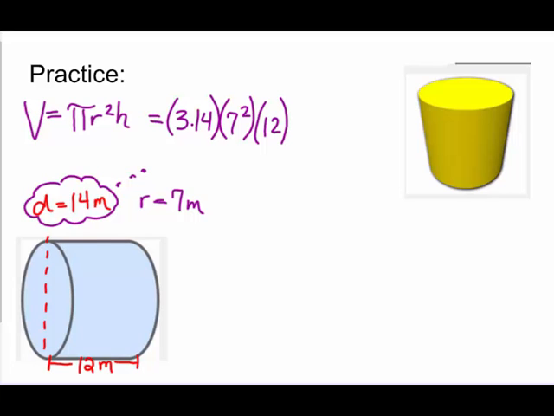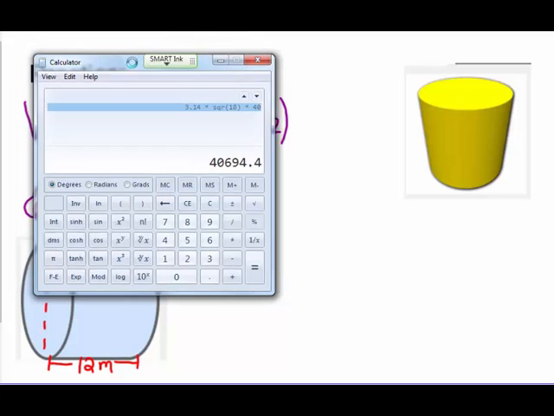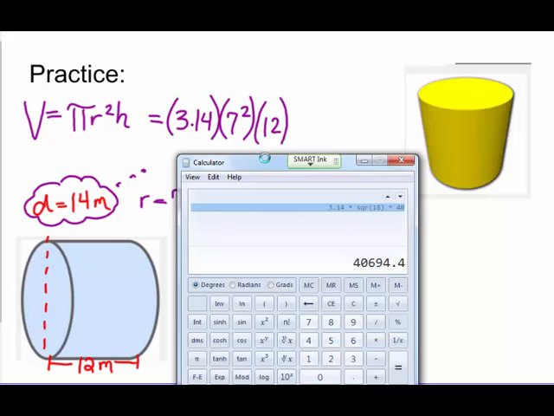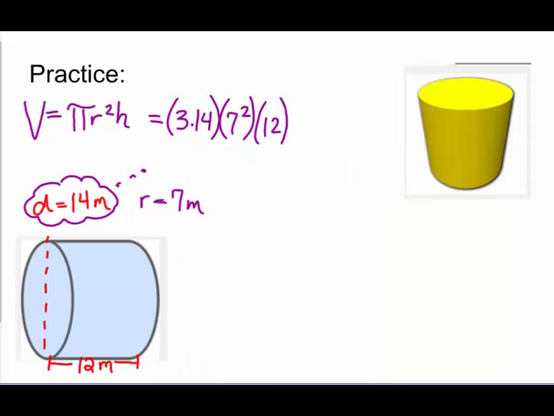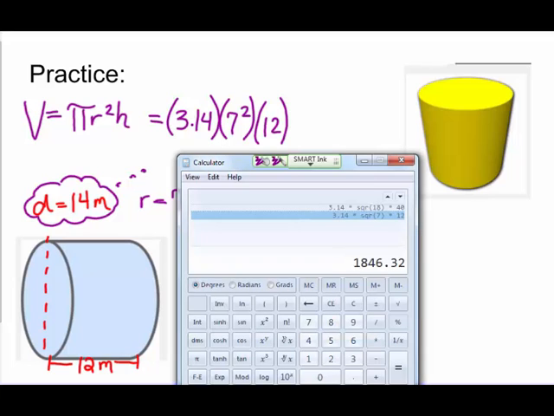Using my calculator again, I want you to see that I can plug in all of these numbers at one time using that x squared feature. 3.14 multiplied by 7 x squared multiplied by 12 equals 1,846.32, or 1,846 and 32 hundredths meters cubed. Remember, it's very important that we write our units and cube them.